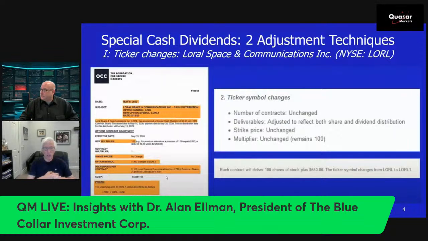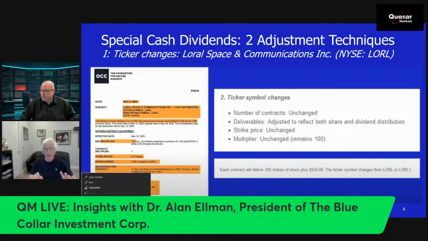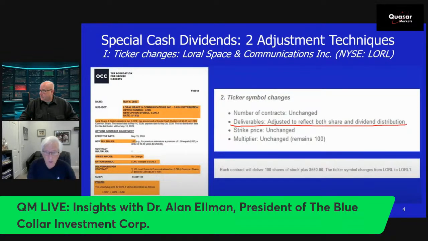And it changed because the parameters of the contract were so very different. Now, if you look at the right side where the ticker symbol changes, the number of contracts that were bought or sold stays the same. The deliverables reflect two things: the shares and the dividend distribution. So the deliverables are different, and the OCC then decided to change the ticker symbol from LORL to LORL1.